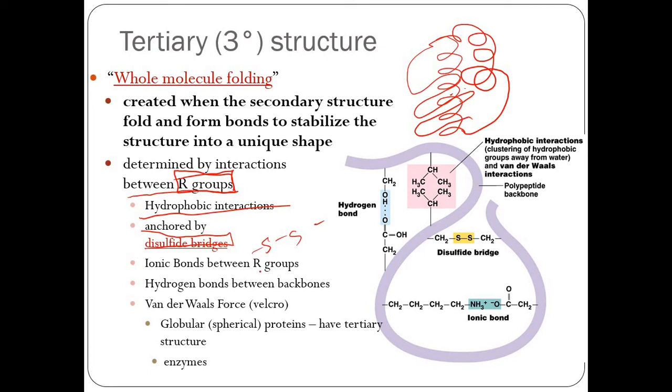And then you have ionic bonds between R groups. Some R groups have charge, right? Some R groups, like glutamic acid, have COO minus, and you also have basic amino groups, right? So they could also form ionic bonds. And then you have hydrogen bonds between backbones. So that is included in the tertiary structure. So the tertiary structure could not form without the secondary structure, right? So this secondary structure is formed.